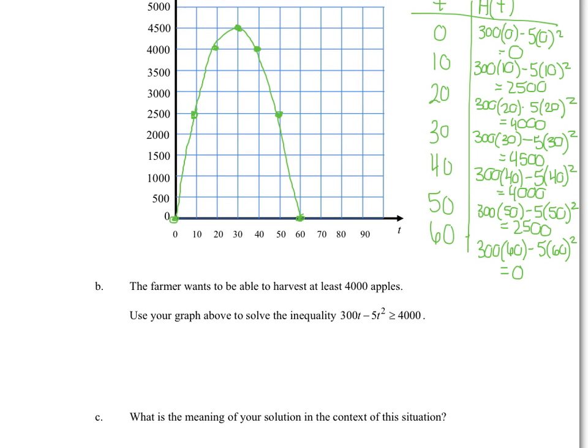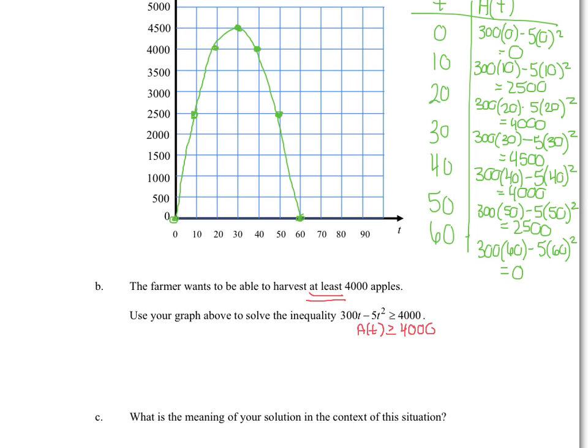Next, the farmer wants to be able to harvest at least 4,000 apples, at least. So use your graph above to solve the inequality 300t minus 5t squared is greater than or equal to 4,000. Well, we know that this is a of t, and we want to know when is a of t greater than or equal to 4,000.